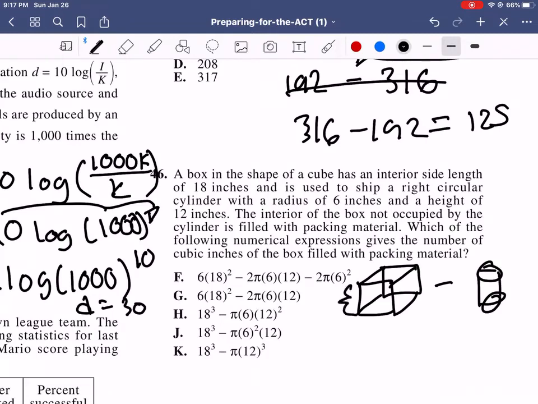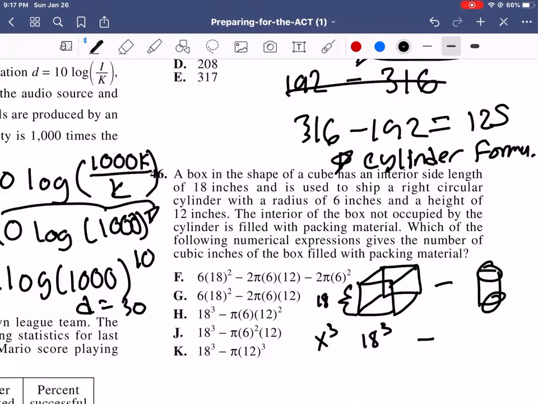The box is 18 inches high, so a cube's volume formula is x cubed, and x equals 18, so 18 cubed minus, you have to know the cylinder formula, like formulas for 3D objects.